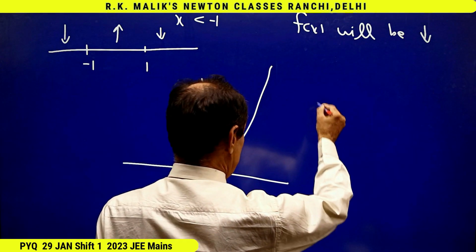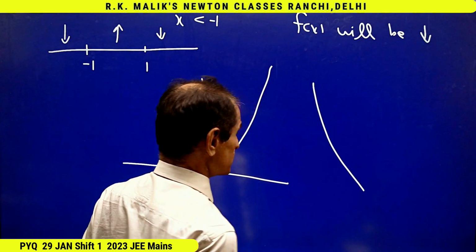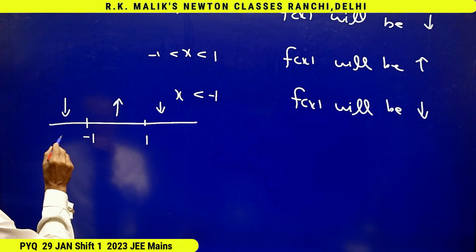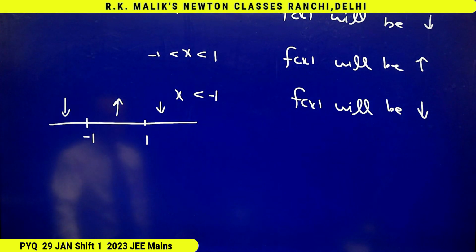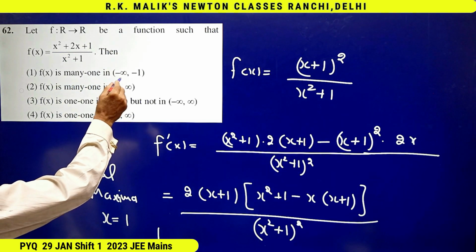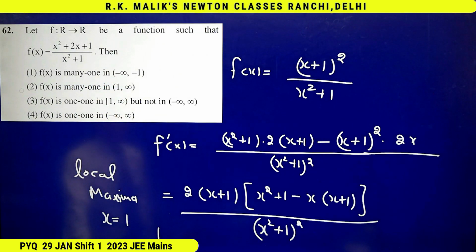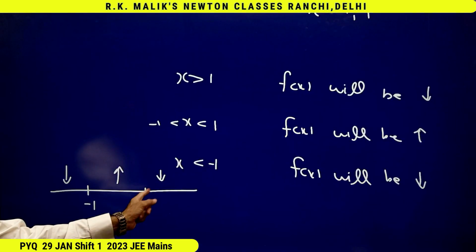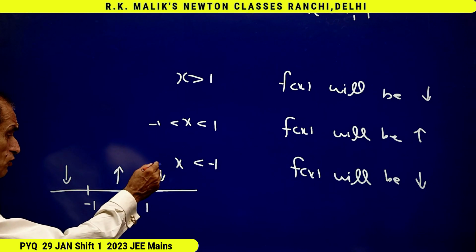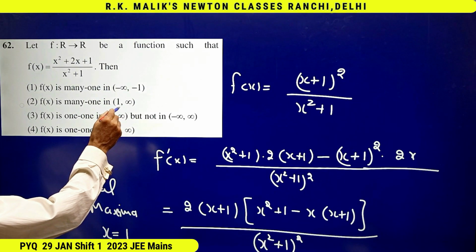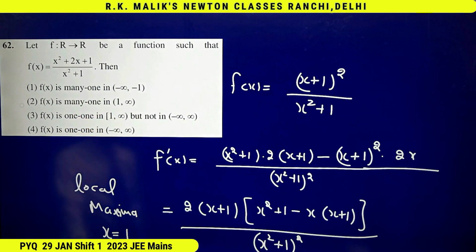And if the function is always decreasing, that function is also one-one. And because f(x) is decreasing in the interval minus infinity to minus 1, hence f(x) will be one-one, but it is giving many-one, therefore first choice is wrong. Many-one in the interval 1 to infinity is also wrong, because for x more than 1, function is sure to be decreasing, hence f(x) many-one in the interval 1 to infinity is also wrong.